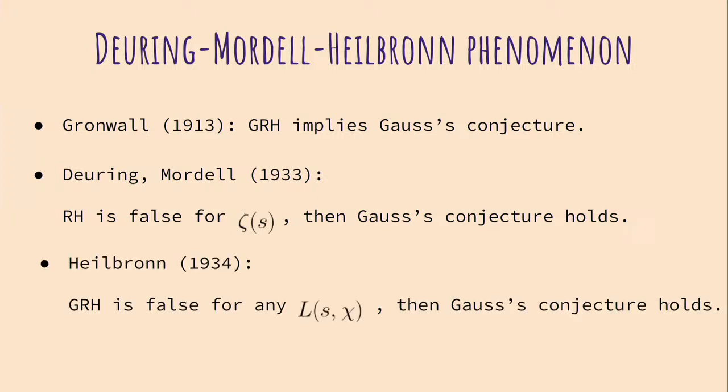And then soon after, Heilbronn showed that if the generalized Riemann hypothesis is false for any of those L-functions assumed in Gronwall's work, then Gauss's conjecture holds. So, in other words, if the Riemann hypothesis is true, Gauss's conjecture holds. If the Riemann hypothesis is false, Gauss's conjecture also holds. Therefore, Gauss's conjecture should be true. This is one of the really curious examples of this.